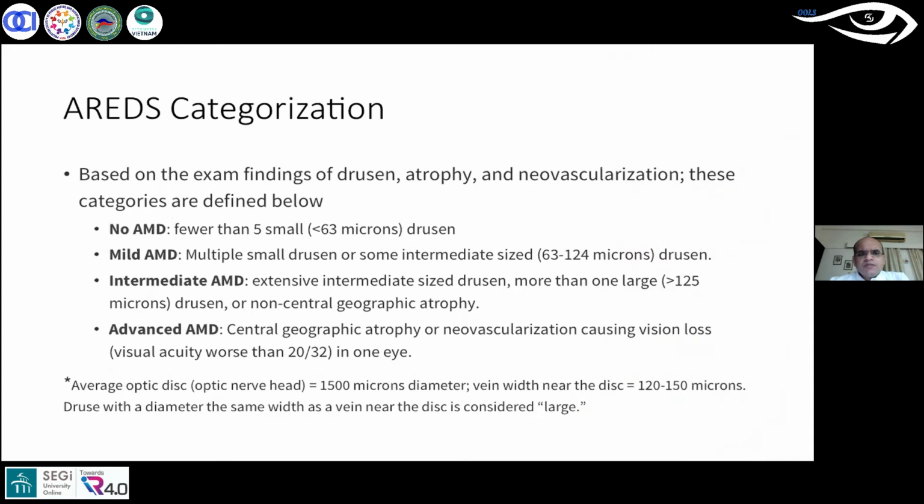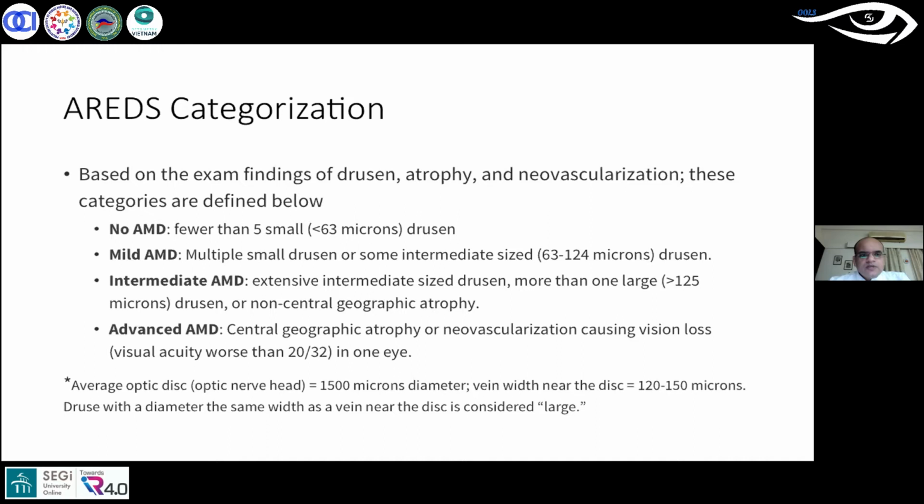Patients with multiple small drusen or some intermediate sized drusen, which were like 60 to 120 microns, were classified as mild AMD. Intermediate AMD had patients presenting with extensive intermediate sized drusen, more than one large drusen, which was more than 125 microns, or non-central geographic atrophy. And in advanced AMD, the patient had central geographic atrophy or neovascularization causing vision loss.